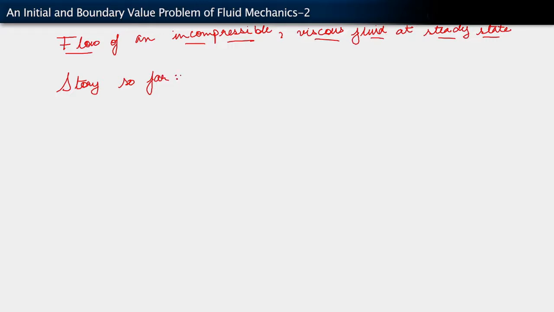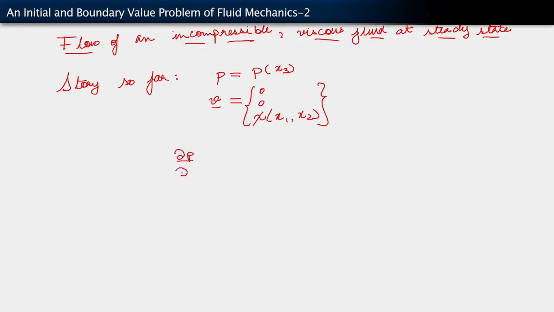The key ingredients are that for the pressure, we have the pressure is a function of x3 alone, and for the velocity, v, we've seen that it has the form 0, 0, and for the v3 component, we have a function which is a function of x1 and x2. Now, the PDE we need to solve is this.